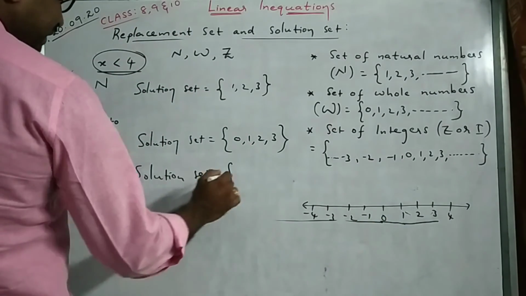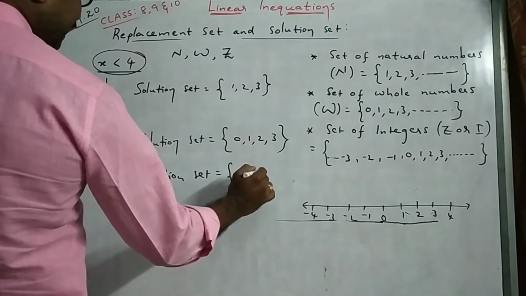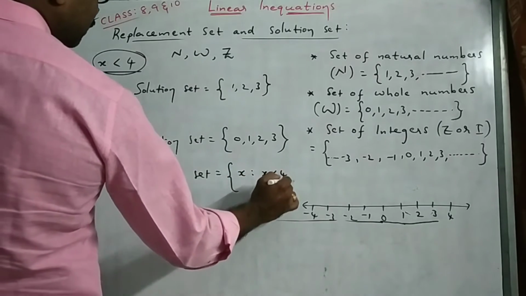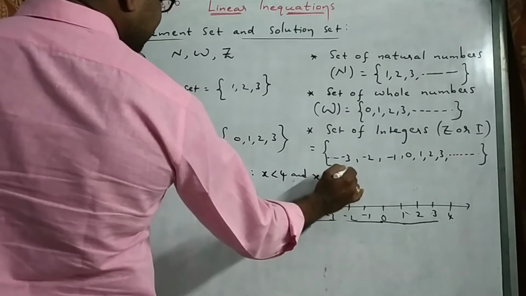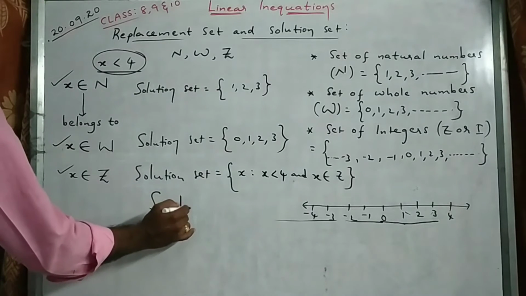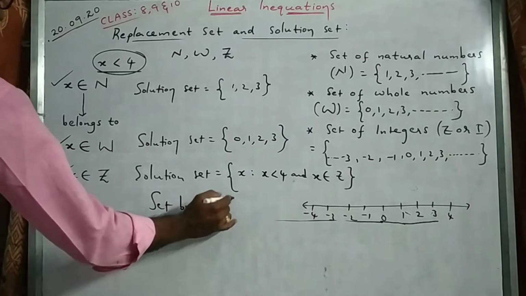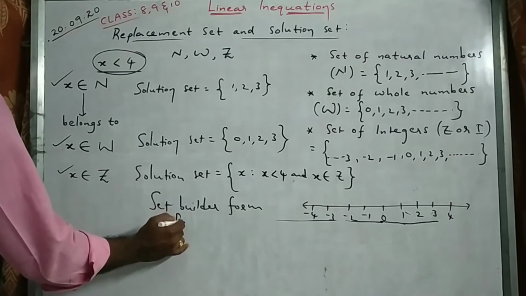So I will write like this: x such that x less than 4 and x belongs to Z. This is called set builder form, or rule form.